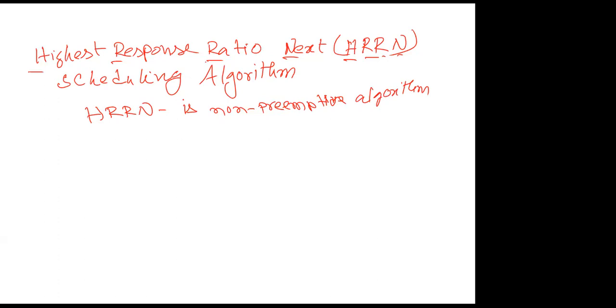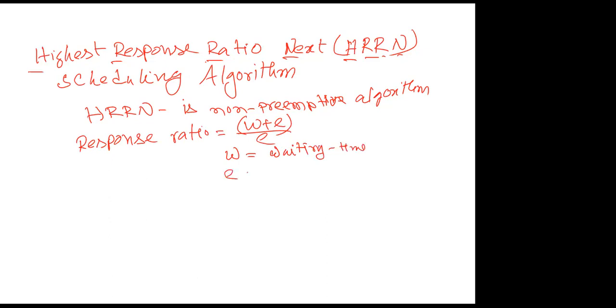The equation of the response ratio is: response ratio is equal to (W plus E) divided by E, where W equals waiting time and E equals execution time.